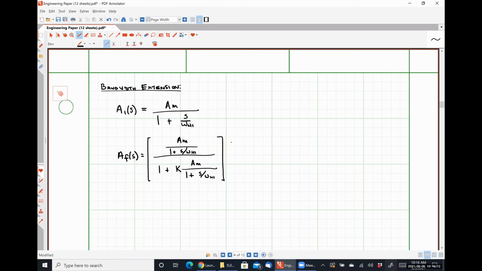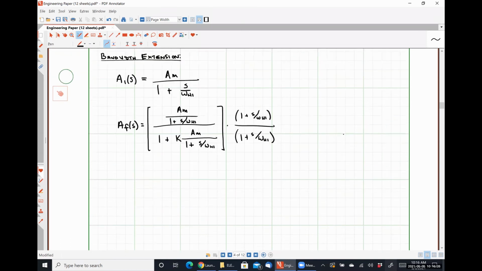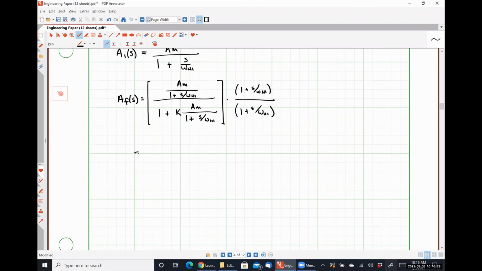And I'm going to multiply through by 1 plus S over omega high to clear some fractions out here. This is going to give me AM divided by 1 plus K AM plus S over omega high.